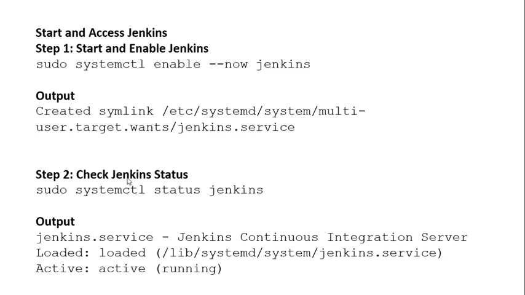Step 2 is check the Jenkins status with sudo systemctl status jenkins. The output shows Jenkins continuous integration server, loaded from /lib/systemd/system/jenkins.service, and active: active (running).